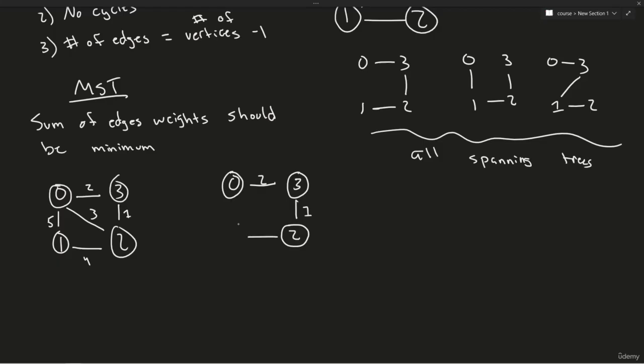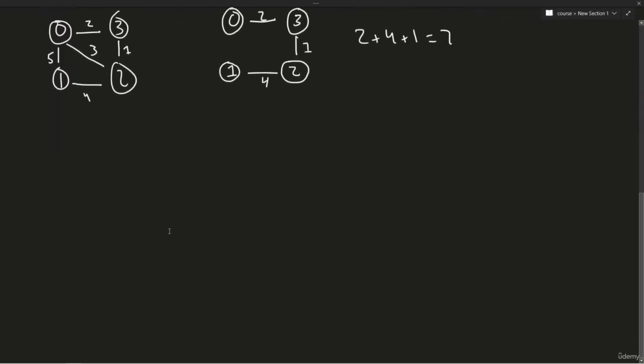So our only path that we can take here is going to be to 1 as well. And now we have a connected graph, and we are minimum because we have 2 plus 4 plus 1 is equal to 7. And every other path that we take from here to create a minimum spanning tree will be greater than 7. So that was a pretty simple example that we could look at.